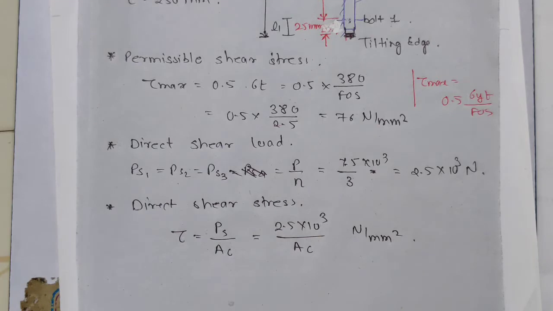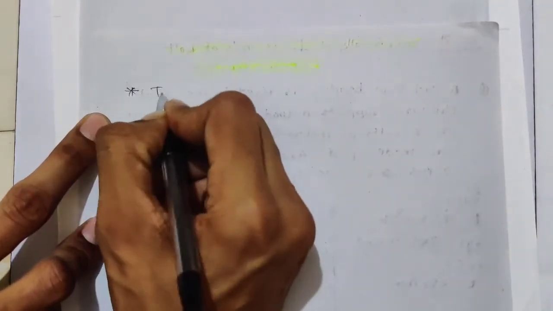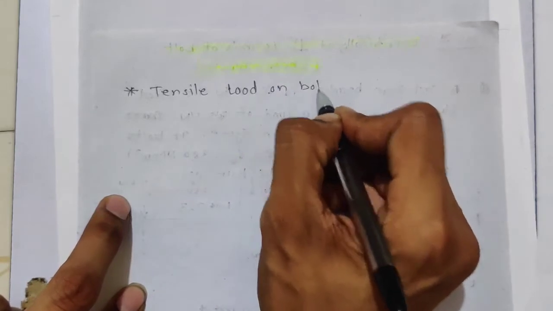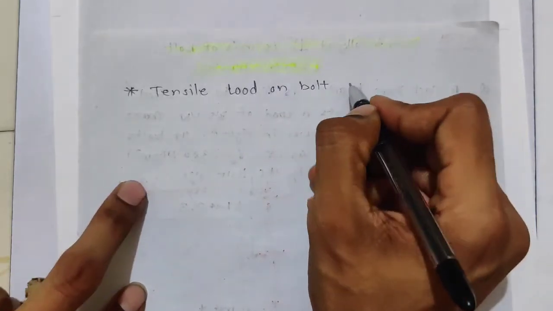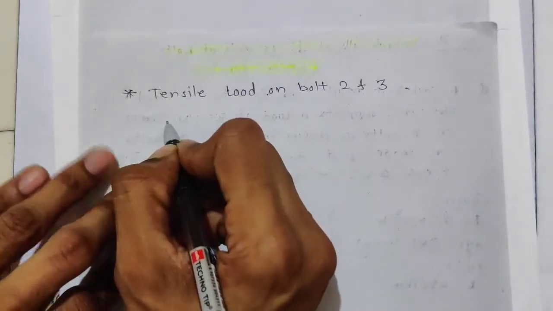So we'll go for the next step, that is the tensile load on bolt 2 and 3. Why bolt 2 and 3? What is the formula?